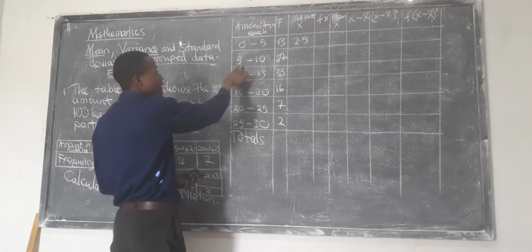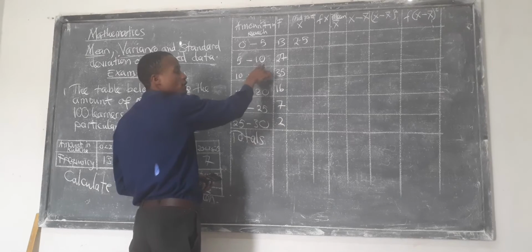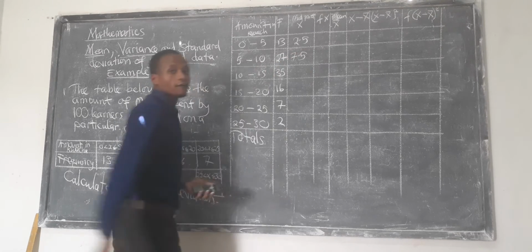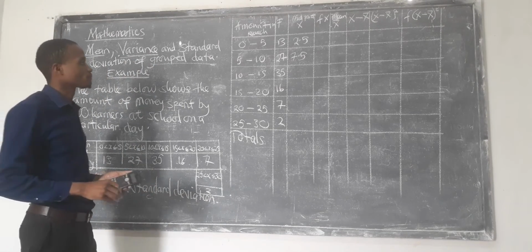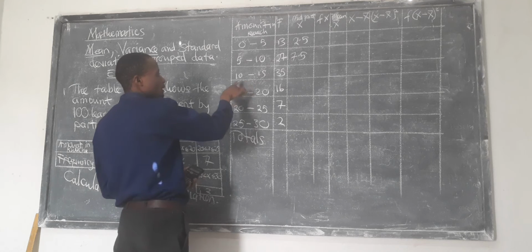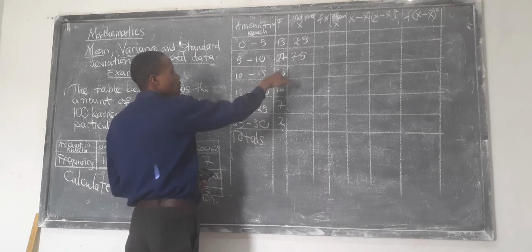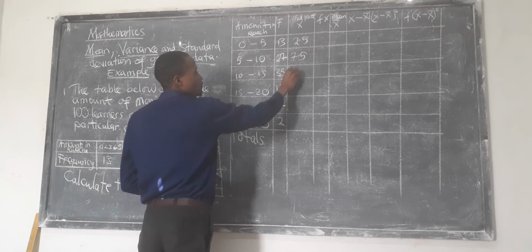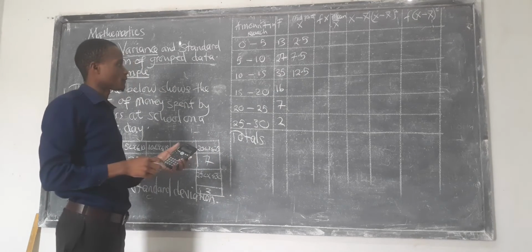This one again, 5 plus 10 gives you 15, divided by 2 is 7.5. Then next is 10 plus 15, which gives you 25. 25 divided by 2 will give you 12.5. You can use the calculator if you want to confirm that.